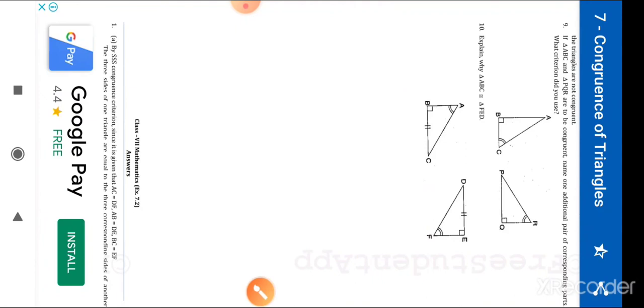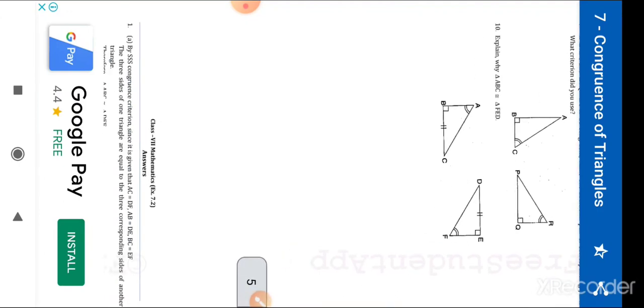Now it is given in the question that angle A and angle F are equal, angle B and angle E are equal, so their sum is also equal.